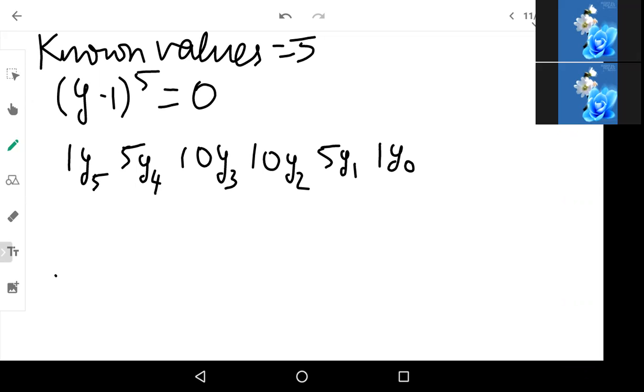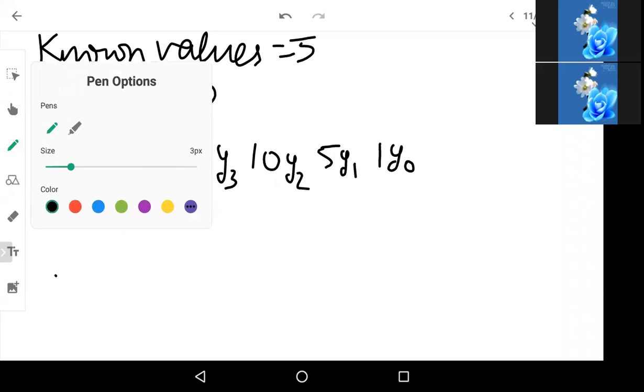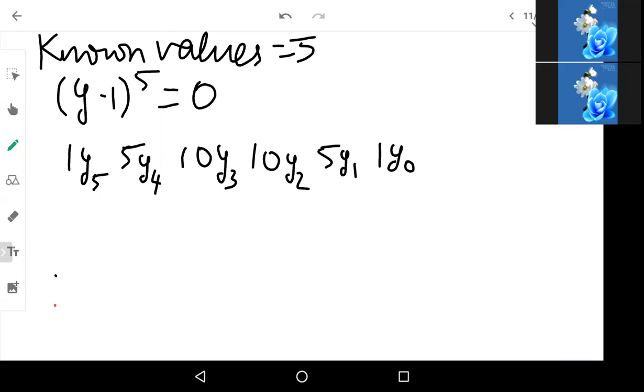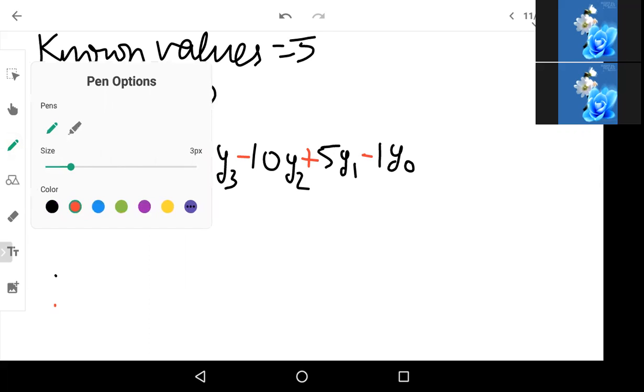Okay, I wrote the last line numbers and then I wrote y1, y2, y3, y4, y5. Now start writing the signs: plus, minus, plus, minus, plus, minus. Start from plus, then alternate, is equal to 0.